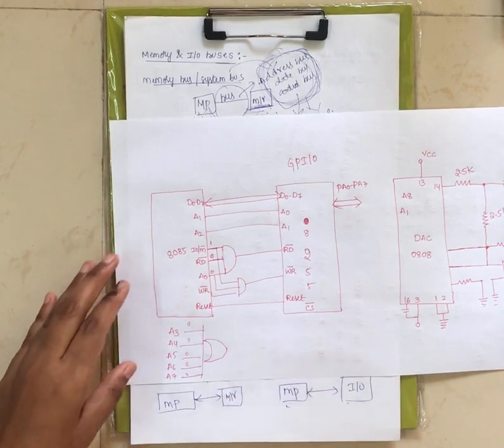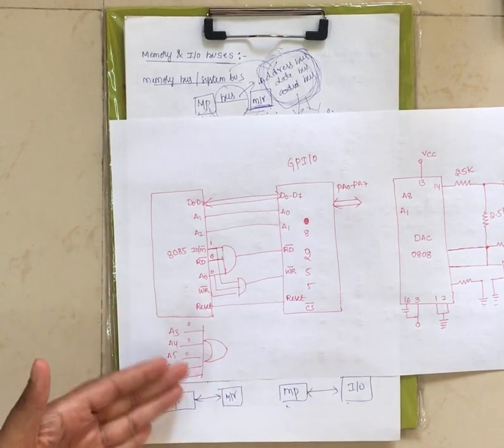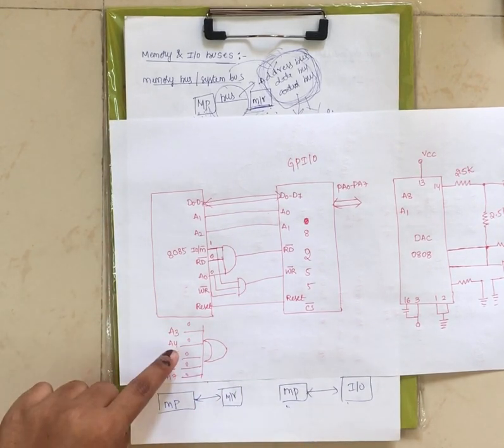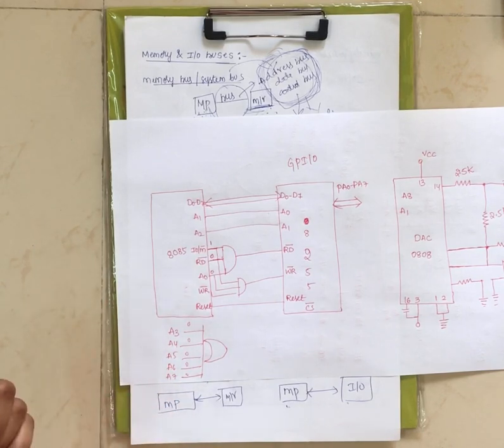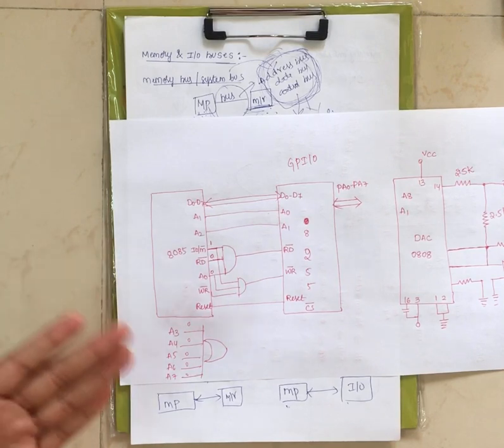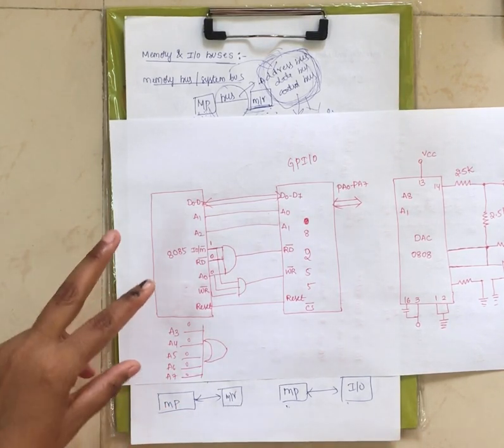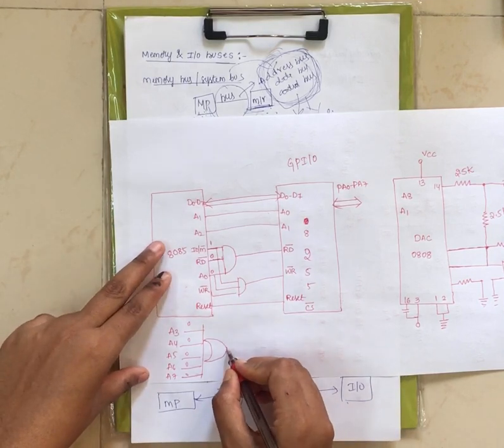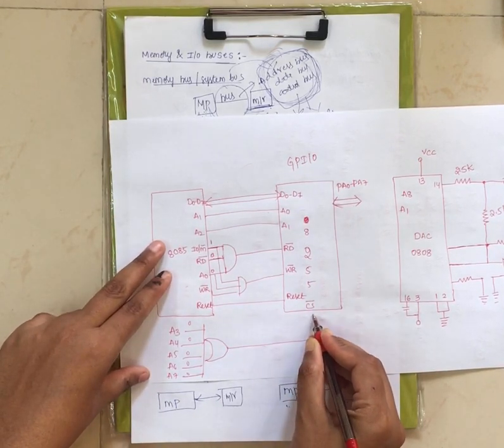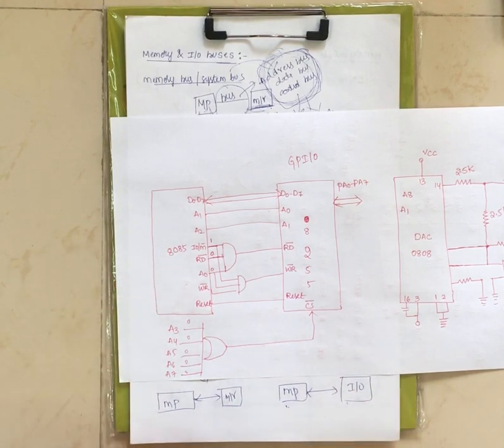If they provide an address, you can specify the values of A3, A4, A5, but here I have not specified the address of port A, port B, port C or the control word register; I am directly assuming some values. When all are 0, the OR gate value is 0. This is connected to the chip selection pin.